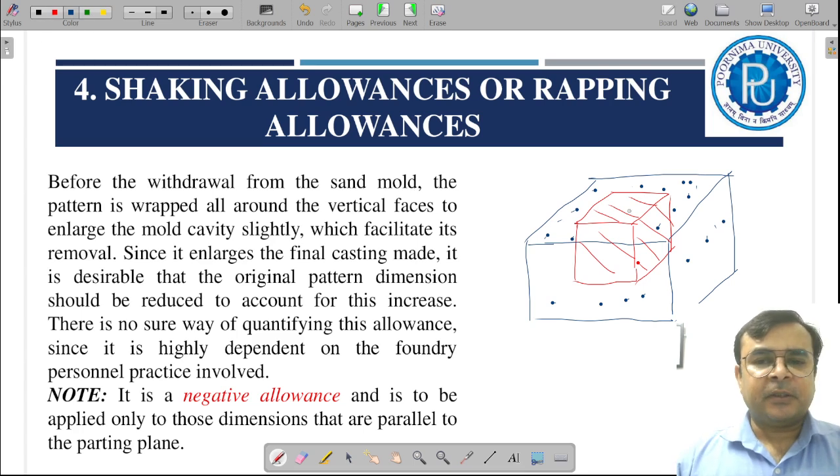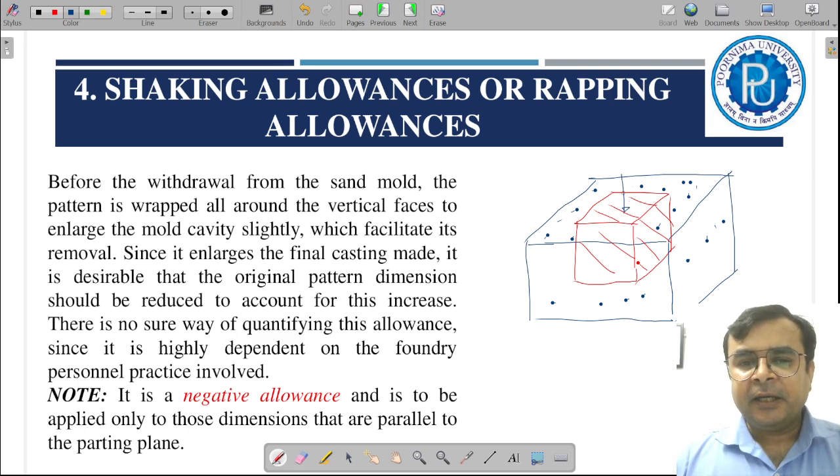So what the foundry person actually does is, by putting in a pin, they start shaking along this direction and along this direction in the horizontal plane. And when they shake, the bond between the pattern and the molding sand will break.